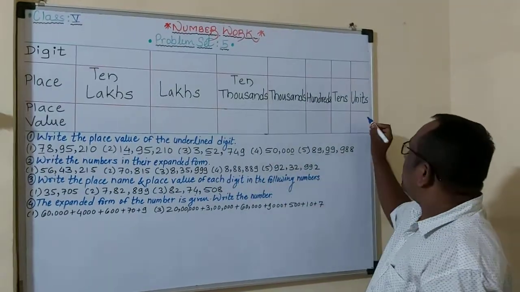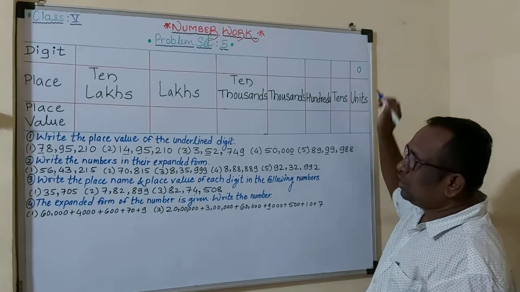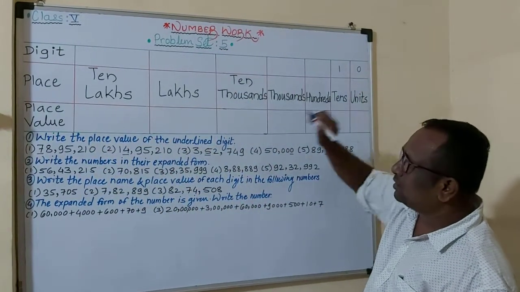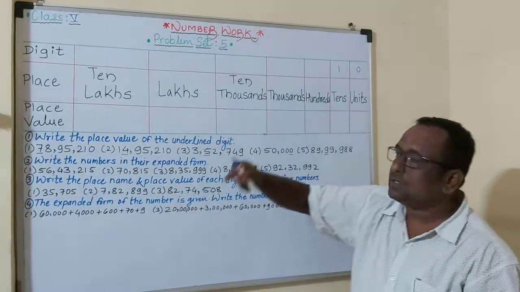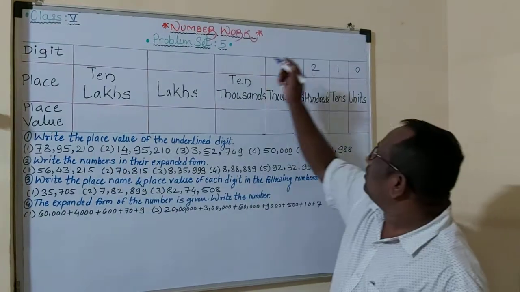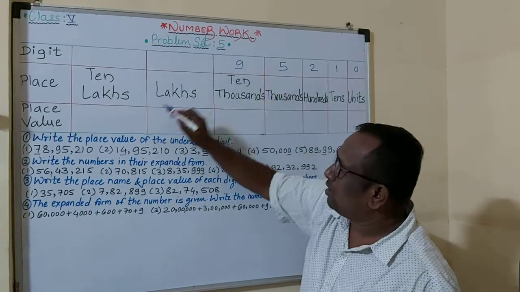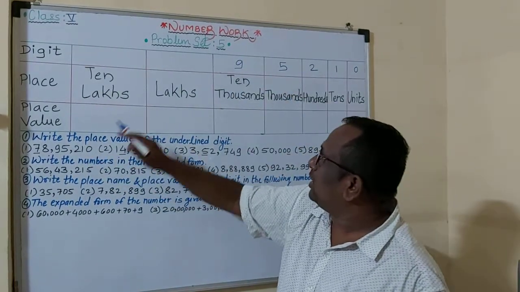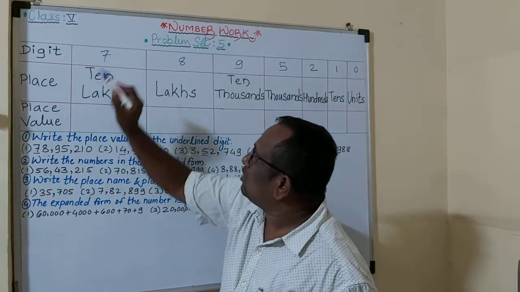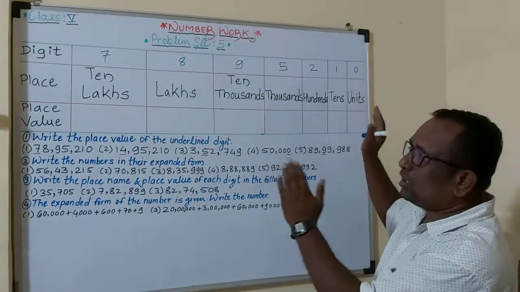So I will write the digit here: 0 at the unit place, 1 at the next place which is the 10 place, then this 2 is the 100 place, then 5, then 9, then 8 and 7. Okay, now I have written the number here.